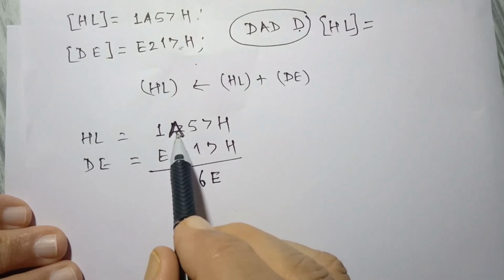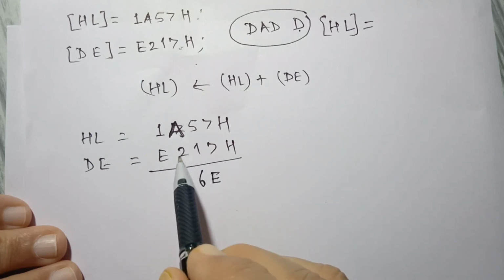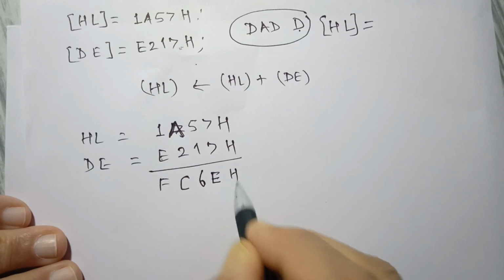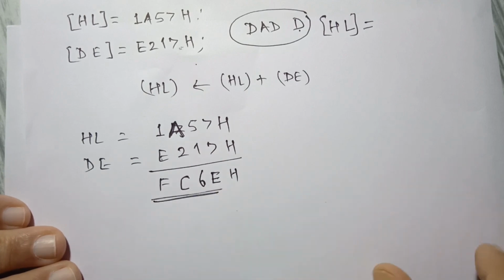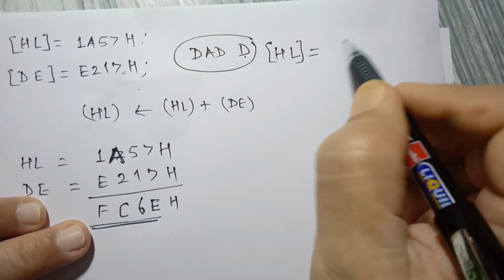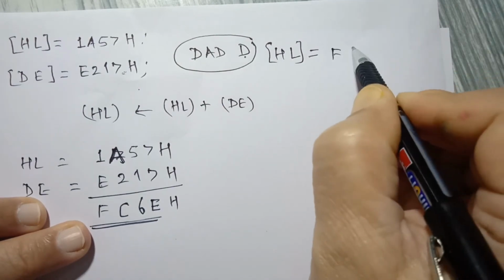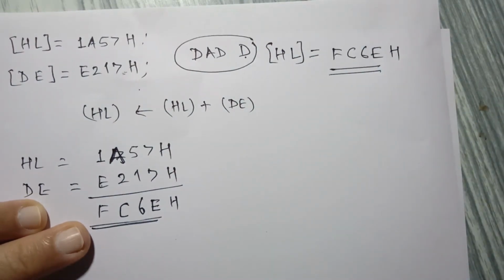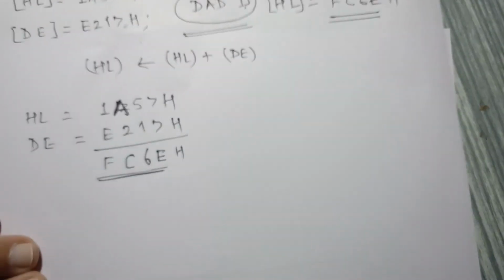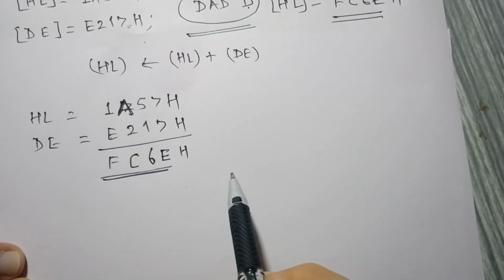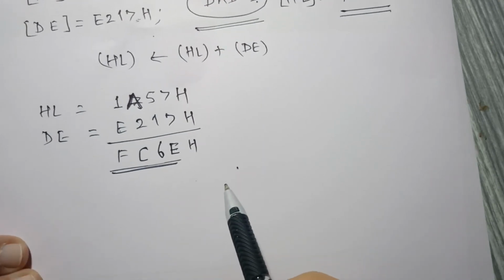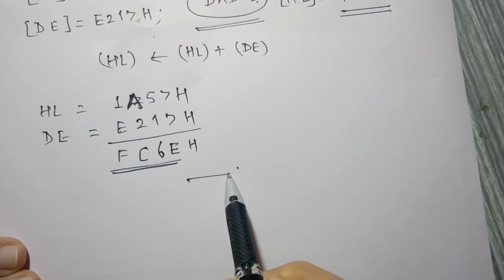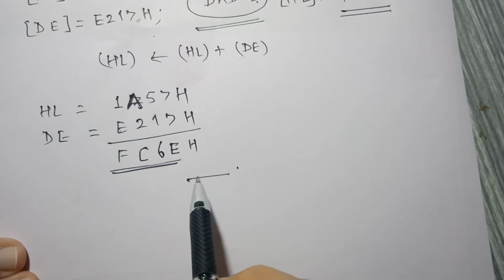A plus 2: after A we have B, C, so this will be C. And E plus 1, that is F. So the 16-bit result will be FC6E. These will be the contents of the HL pair after executing this. So this is how you can add any 16-bit register pair to HL and you get the sum in the HL pair. So this is the last addition instruction, and with this we have finished all the add instructions.